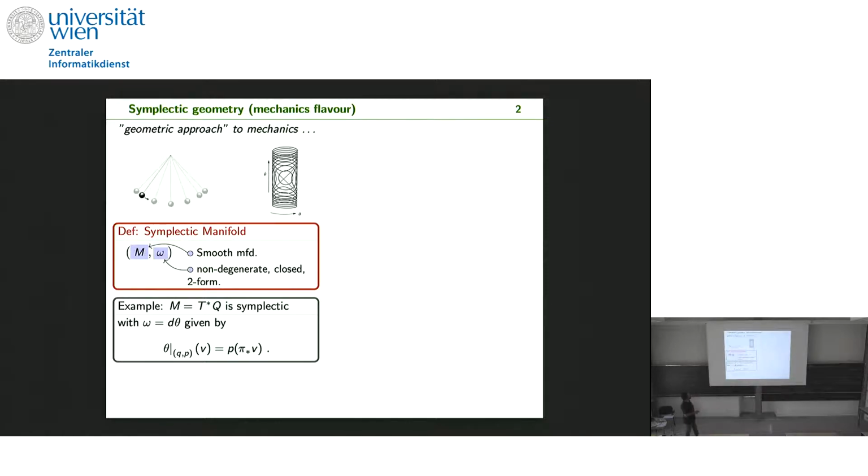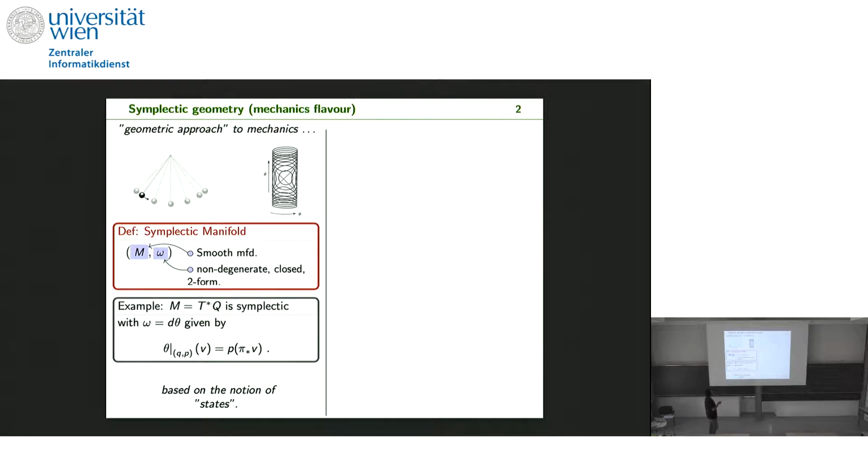And this 2-dimensional space is called the phase space because it's encoding the physical state of the system, while configuration is something different from states. So in other terms, symplectic geometry is connected to the geometric approach to mechanics based on the notion that states are points of a symplectic manifold.